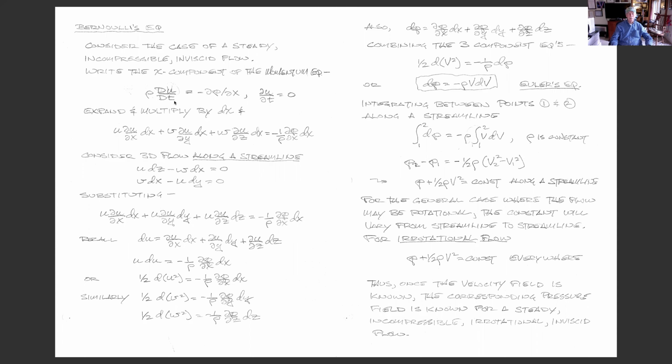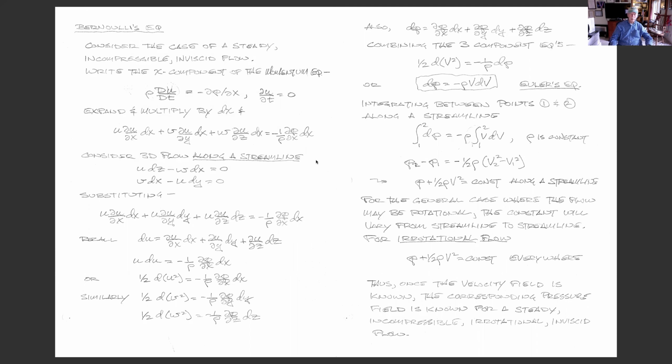The equation would be u du dx plus v du dy plus w du dz equals minus 1 over rho partial p with respect to x. I moved rho over to this side, and multiplied each term by dx all the way across. That should apply anywhere in the flow. We haven't broken any rules.